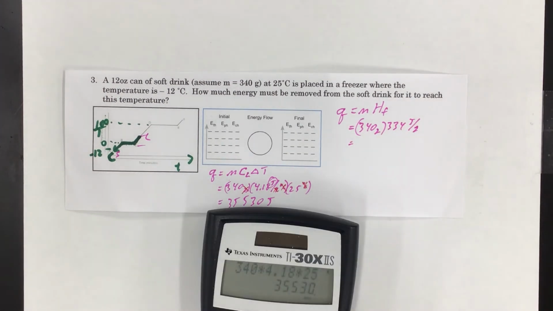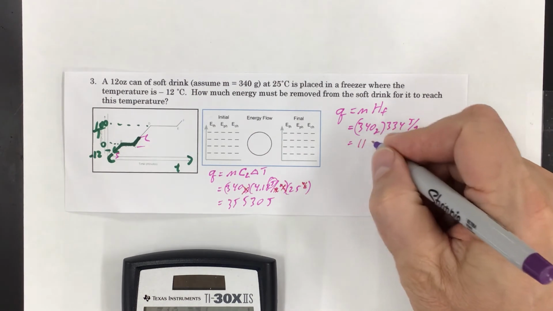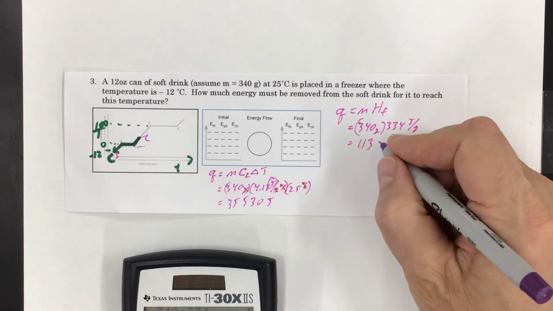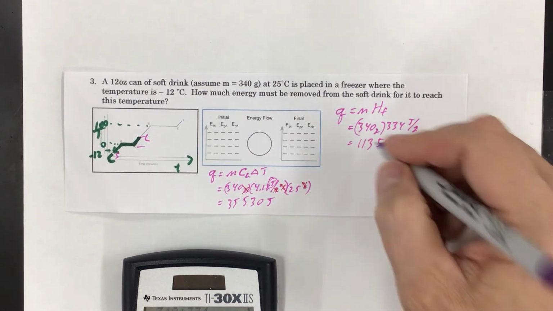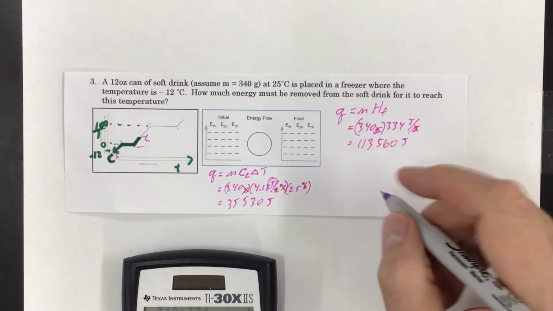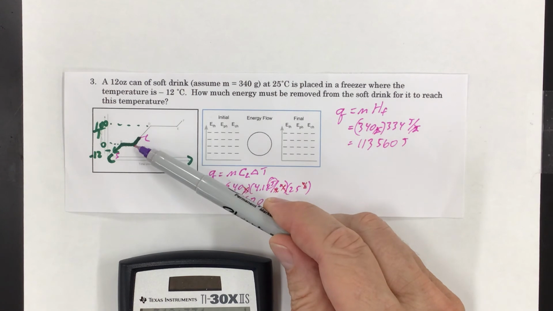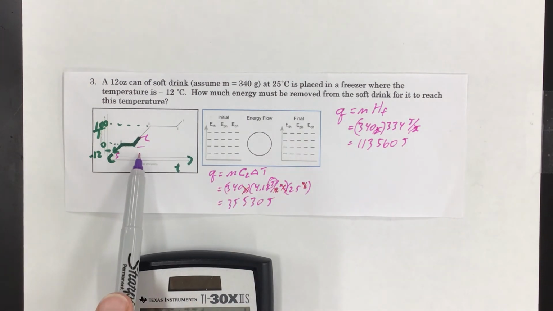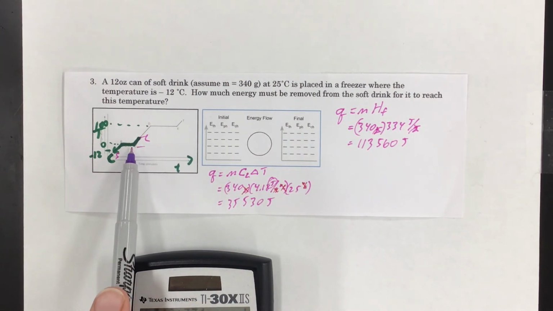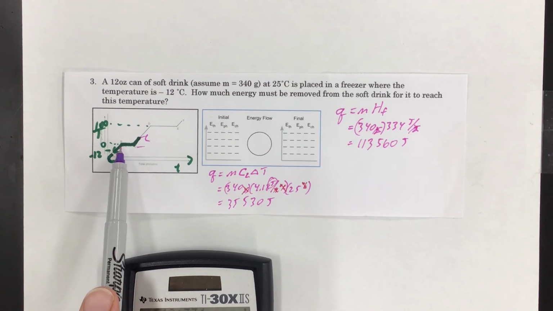So 340 times 334. So 113,560 joules. The grams cancel. Okay. So it took 35,530 to cool the water. It released 113,560 joules to freeze it.